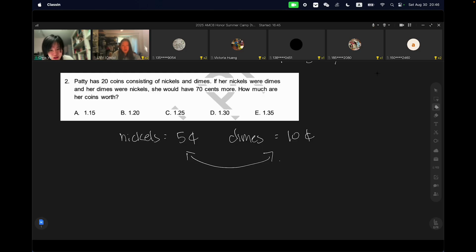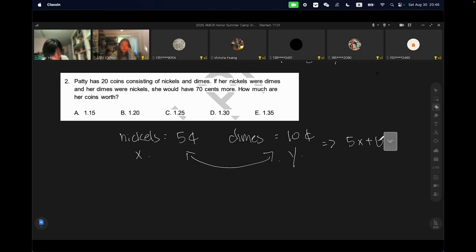So this seemed like a little bit of a confusing wording, so I'll explain the problem first. Let's say that she had x nickels and y dimes. So that would end up with a total of 5x plus 10y.